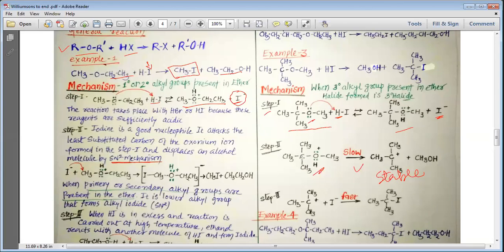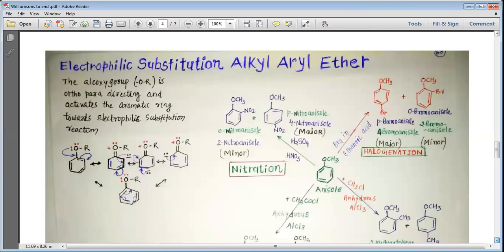So the bond between the carbon and oxygen is broken, and that is why we get CH3OH, or methanol. Now this carbocation in the third step reacts with the iodide ion and we get the tertiary iodide as a product.